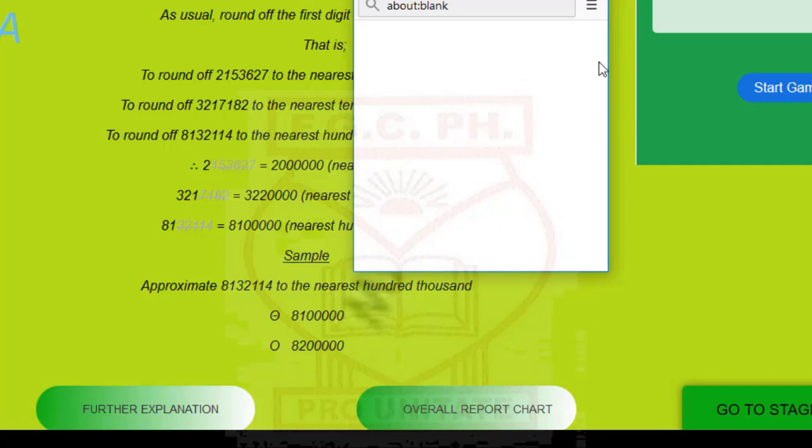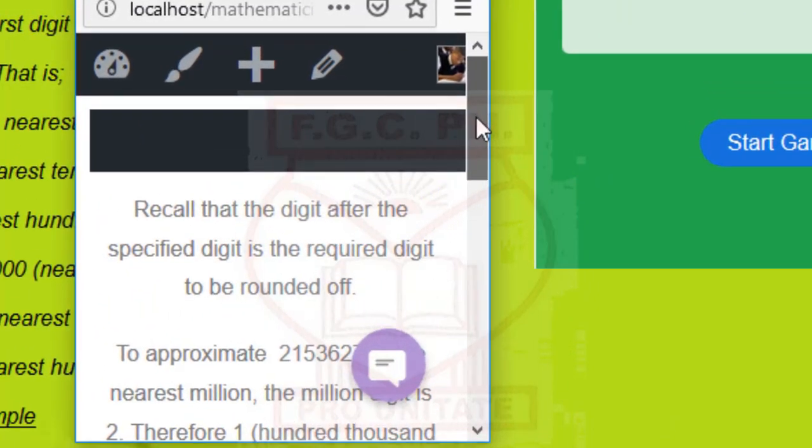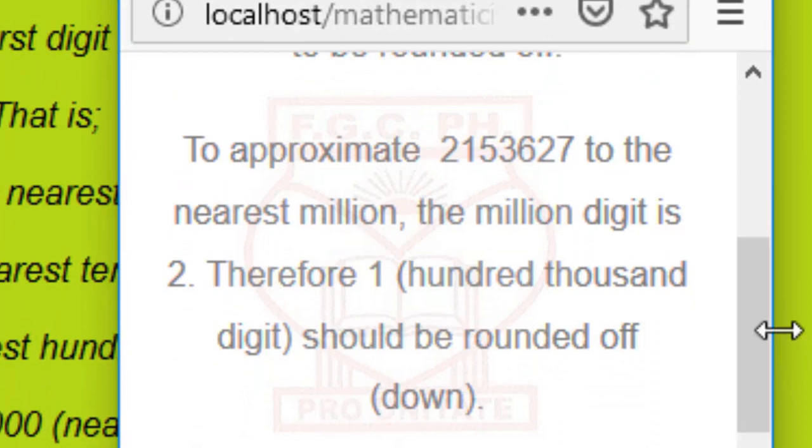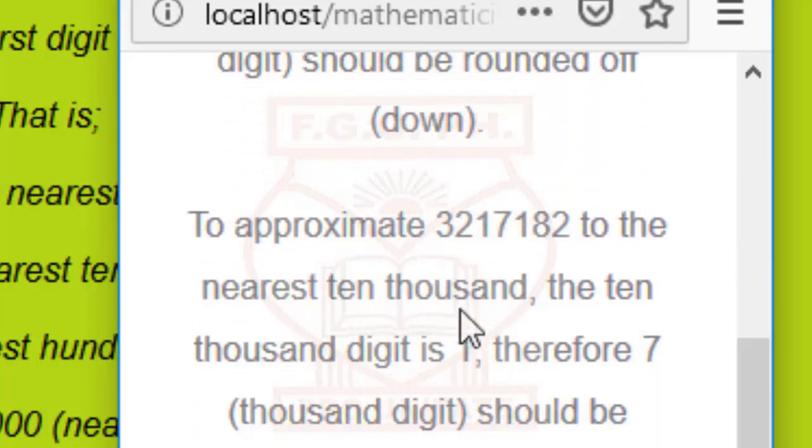Now in the further explanation page, if you click on this, we get to see just about the same thing. That if we want to approximate to the nearest million, then the 100,000 digit should be rounded off, because it's just the digit to the right after the million digit. And if we want to approximate any number to the nearest 10,000, we need to round off the 1,000 digit.